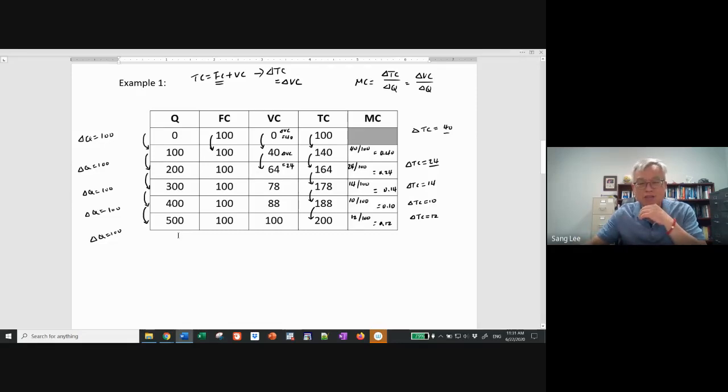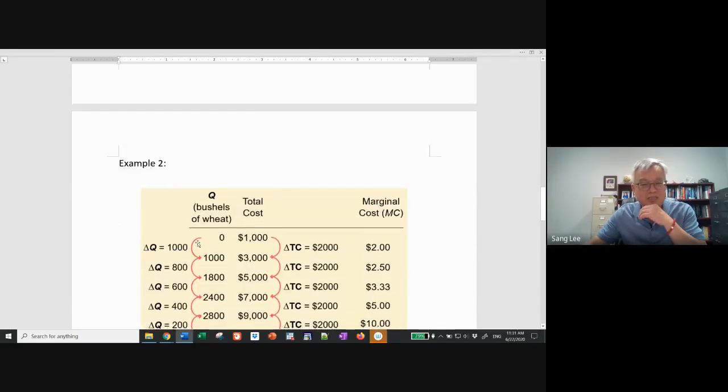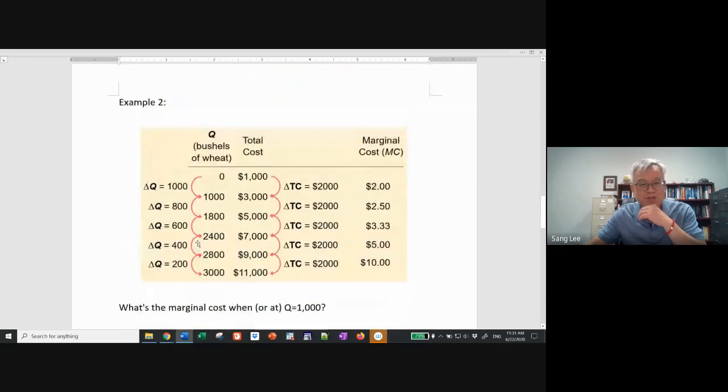Now in example 2, output, bushels of wheat, increases from 0 to 1,000, 1,000 to 1,800, 1,800 to 2,400. See here? Output increases by different amounts.